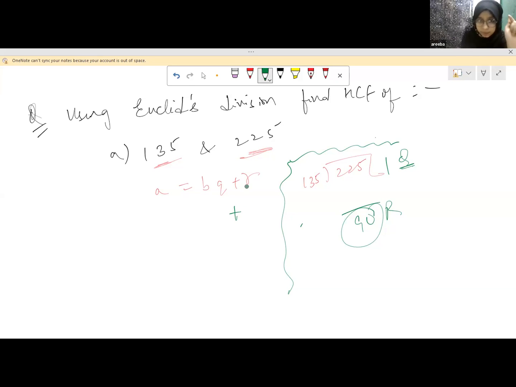So instead of r, I'm going to write 90 because I got 90 just now. And instead of q, what I'll write? 1. Okay. What is a? A is the bigger number, basically the dividend. 225 is equal to b, this smaller number, 135 into 1 plus 90.